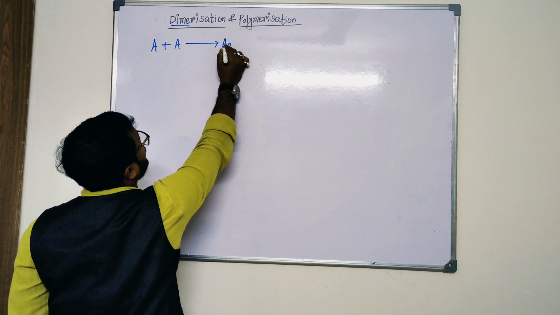So the first criterion is that a vacant orbital should be present on the central atom.